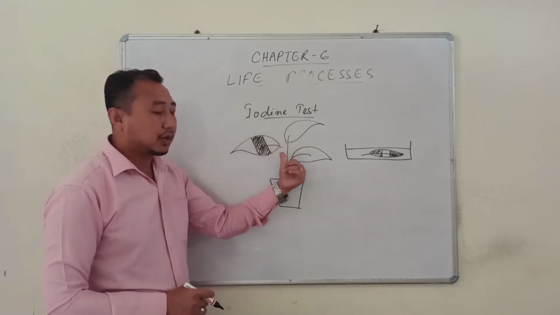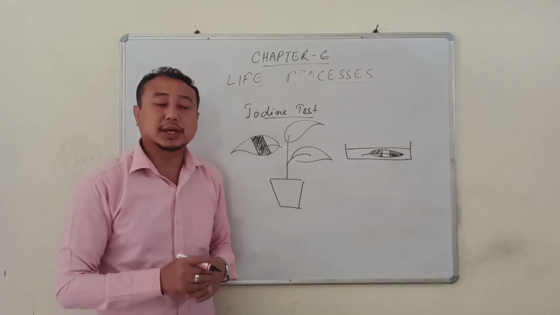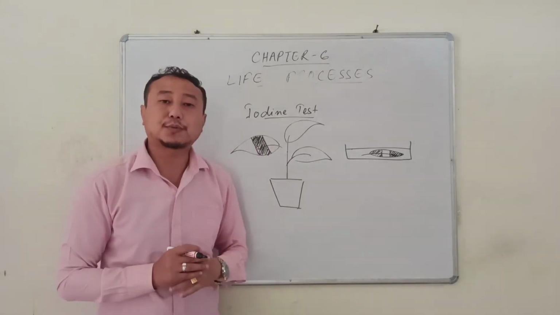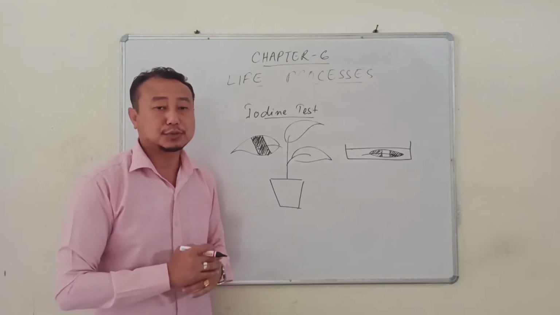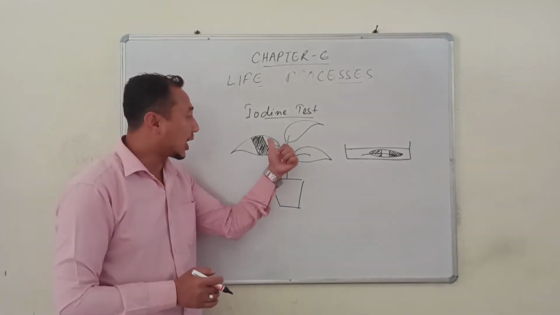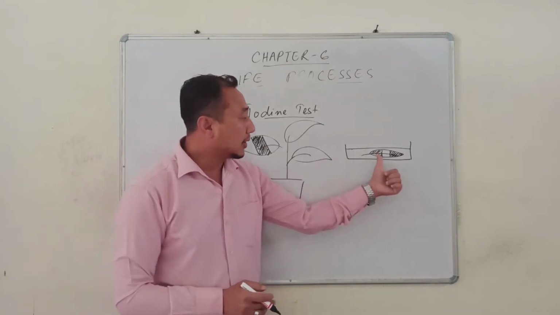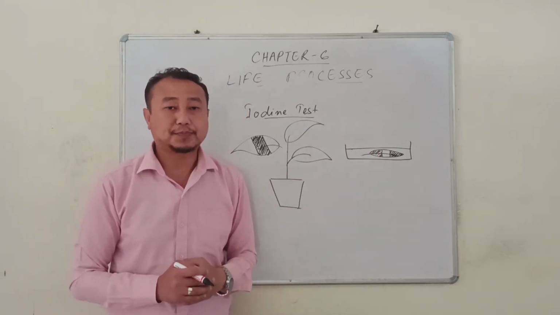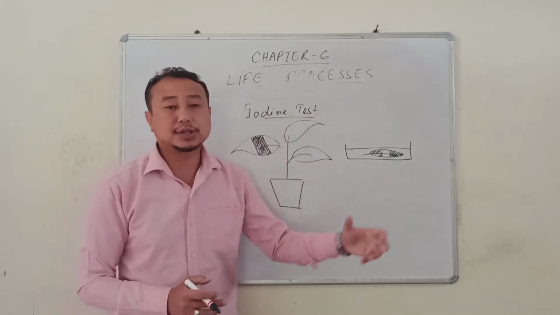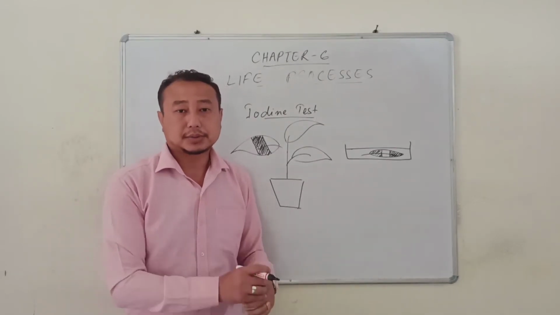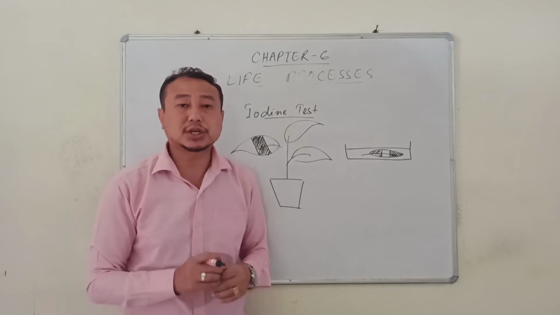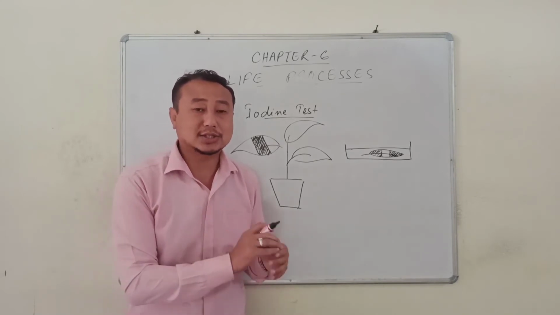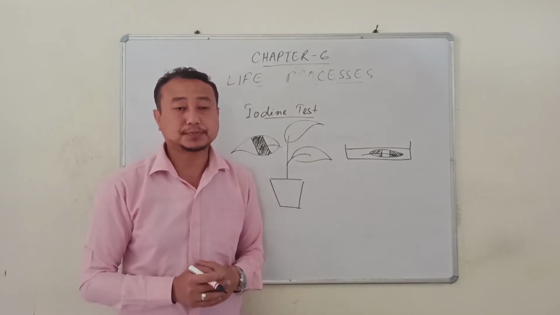The other part of the leaf which was not covered received sufficient sunlight, so this portion performed photosynthesis and there is a production of starch. This starch reacts with the iodine and changes its color into blue-black. So this is how the iodine test is done in order to confirm whether photosynthesis is performed or not, and to confirm that sunlight is necessary for performing this process.